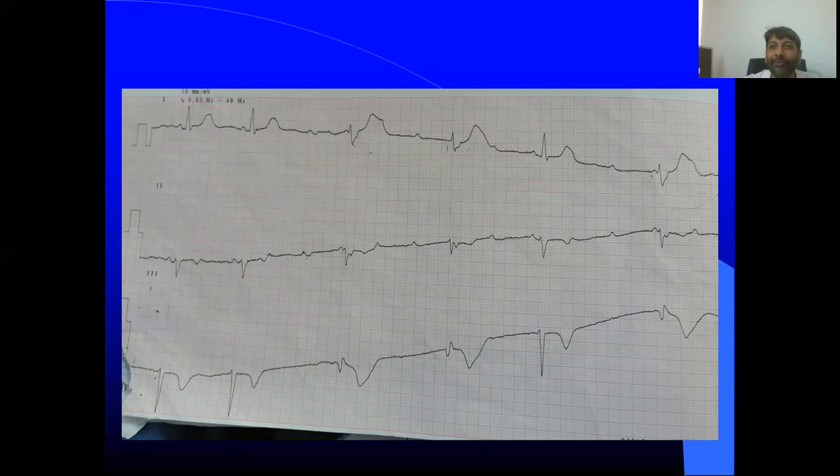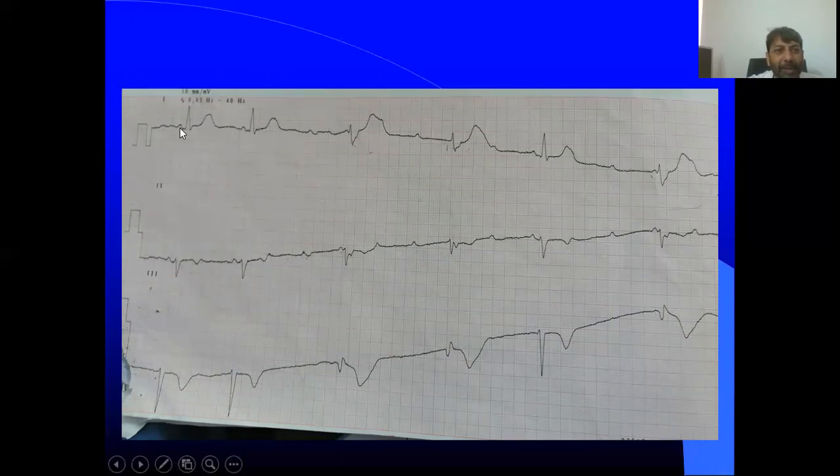Now you have to look for P. P present, similar. In the first and second complex, apparently it looks like 1 P before each QRS. But you have to follow the P rhythm.